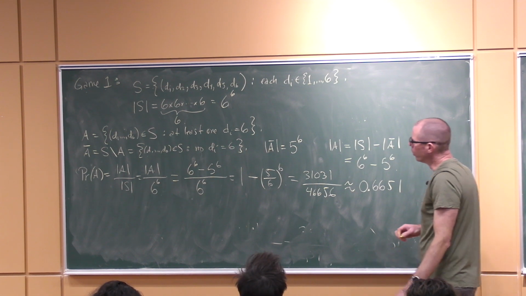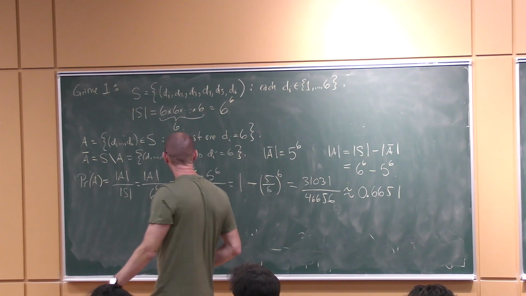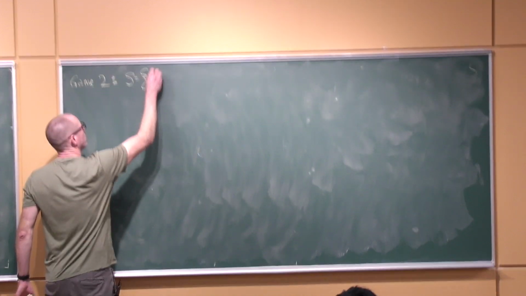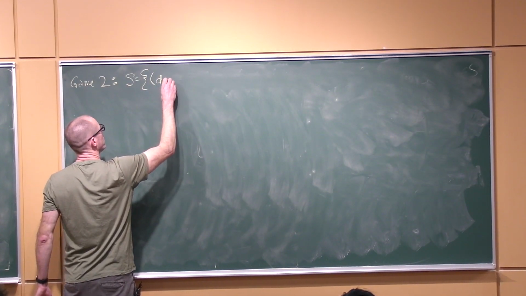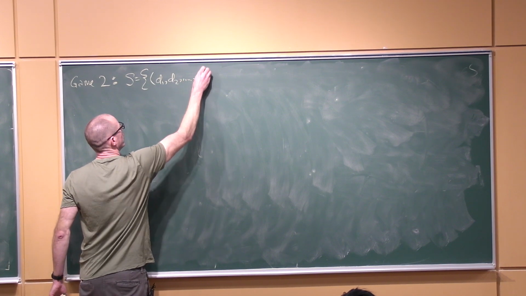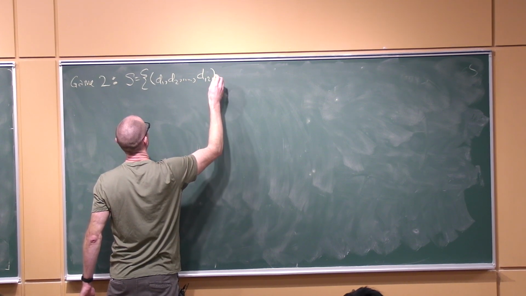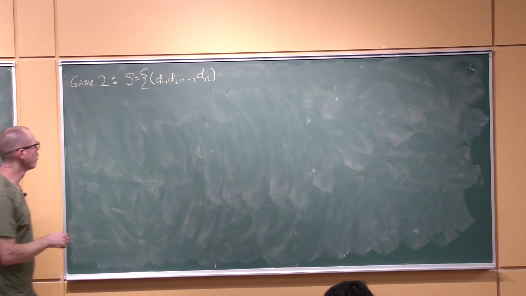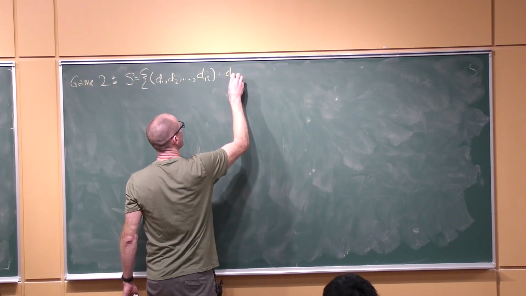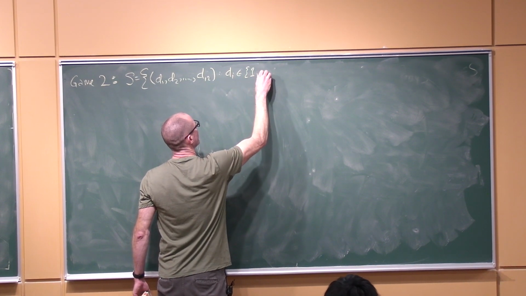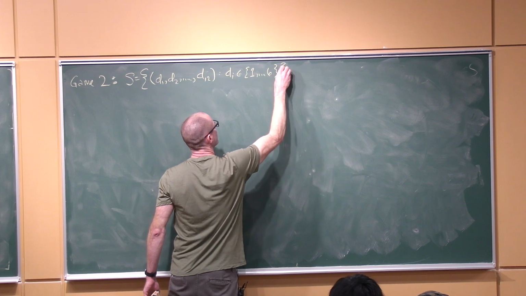So in game 2, S is this tuple of 12 values, D1 through D12. So the elements of S are these tuples of 12 values, D1 through D12. And again, each of them is in the set 1 through 6.